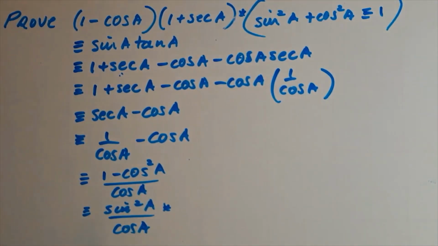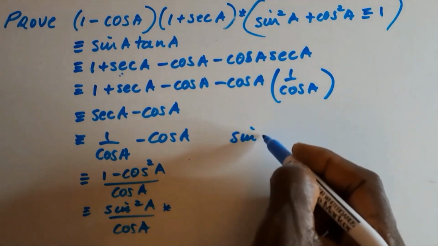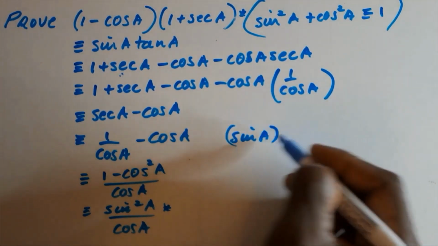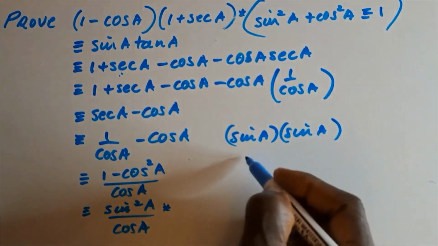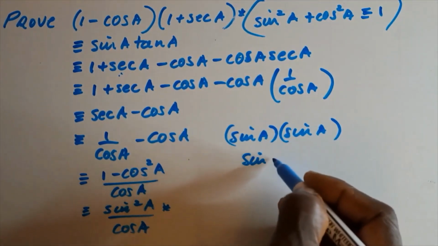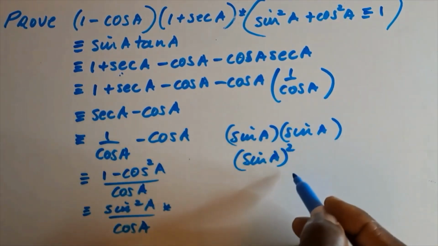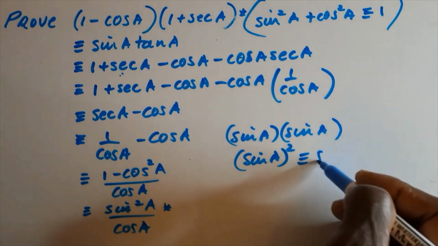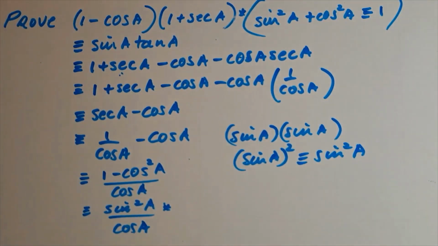Further to this, sine squared A is the same as writing sine A times sine A. So instead of writing using brackets, we just write sine squared A. Just a shortened way of doing it without using brackets.